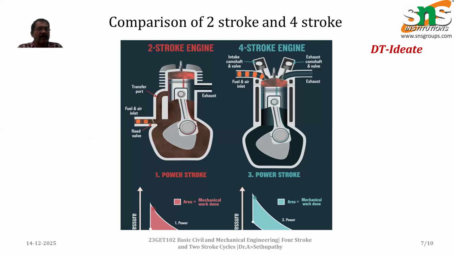The maintenance cost of the petrol engine is less, while the four-stroke diesel engine has a heavier maintenance cost. The initial cost is also less for the two-stroke engine and high for the four-stroke engine. These are the most noticeable differences between two-stroke and four-stroke.